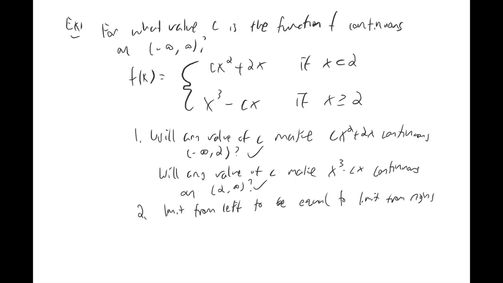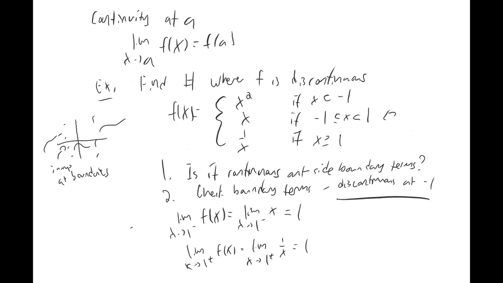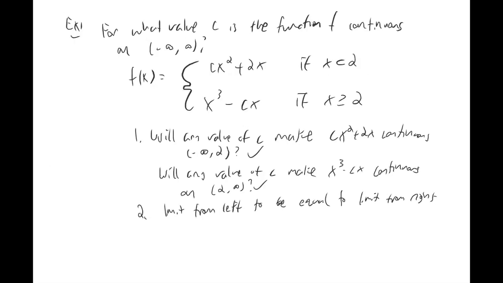Kind of like how these problems were, right? I needed the limit from the left and limit from the right to be equal. Well, what is limit as x goes to 2 from the left? Well, this is limit x goes to 2 from the left of cx squared plus 2x. And if you just plug it in, 4c plus 4.